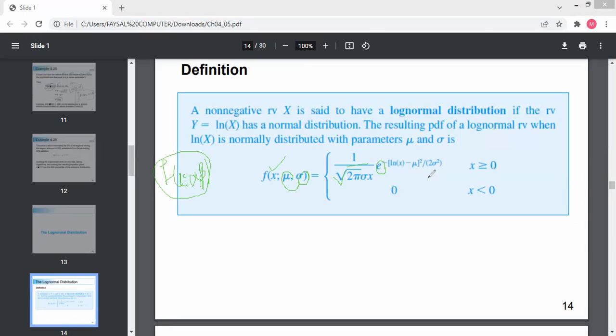This is the value when x is greater than or equal to 0. Otherwise, all the values of this function must be equal to 0 when x is less than 0.